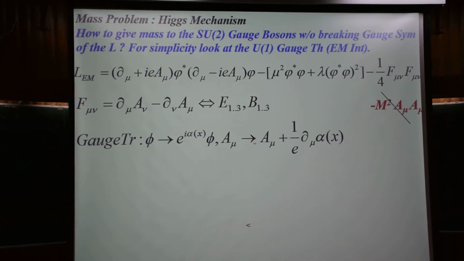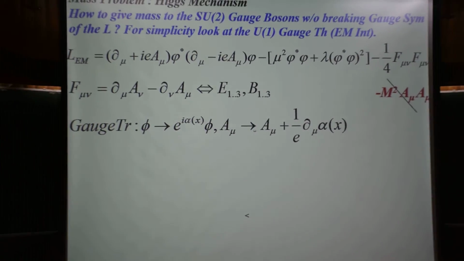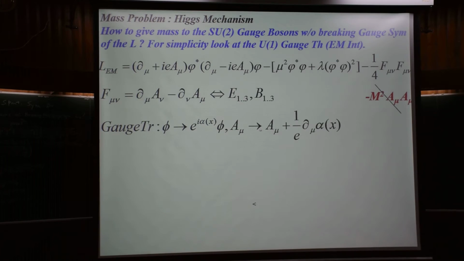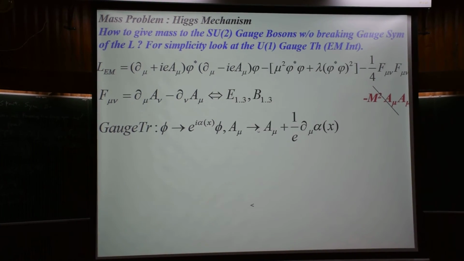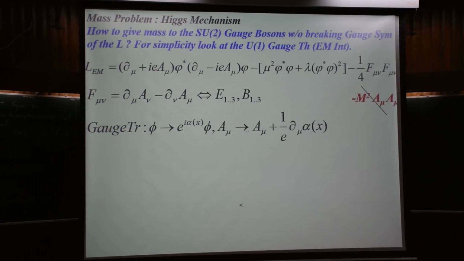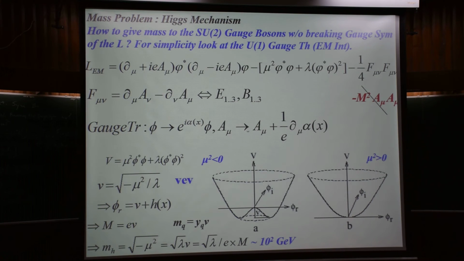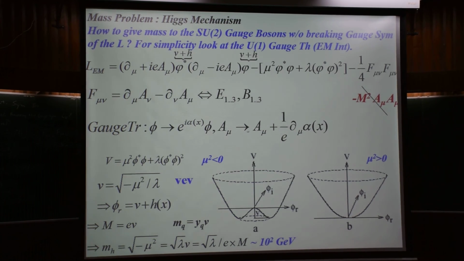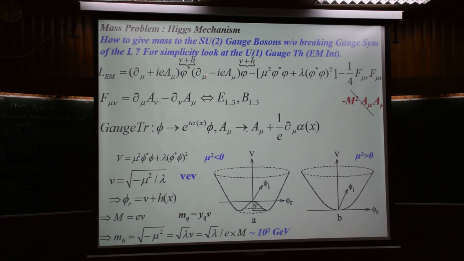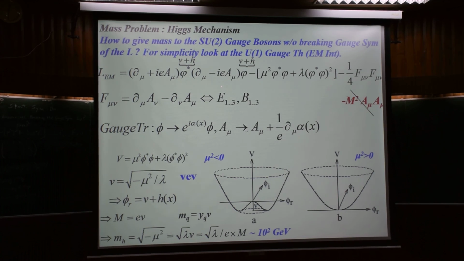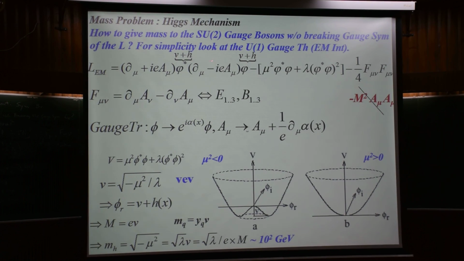So this was the phase transformation which demanded the gauge particle to be massless. But then we did spontaneous symmetry breaking, and then we got a mass term through that door. We got a mass term for the gauge bosons.